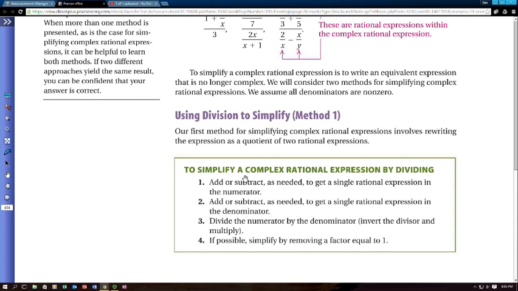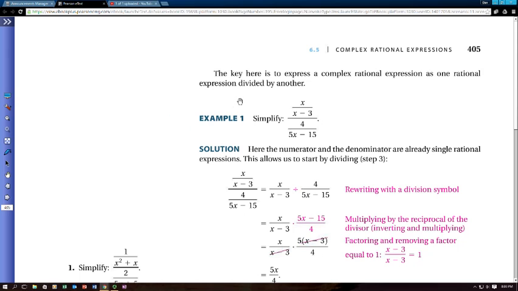To simplify these, we add or subtract as needed to get a single rational expression in the numerator, and add or subtract as needed to get a single rational expression in the denominator. Then create a division, convert to multiplication by inverting, and finish by simplifying. So let's look at some examples here.